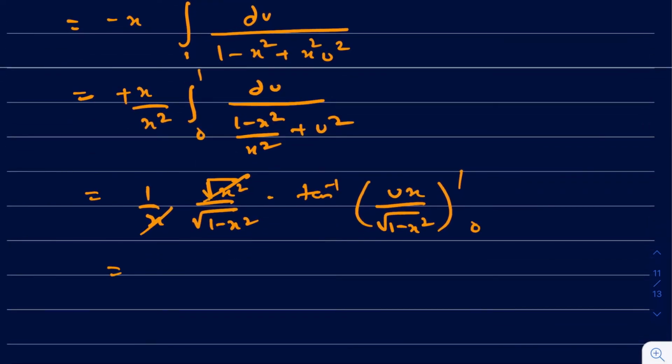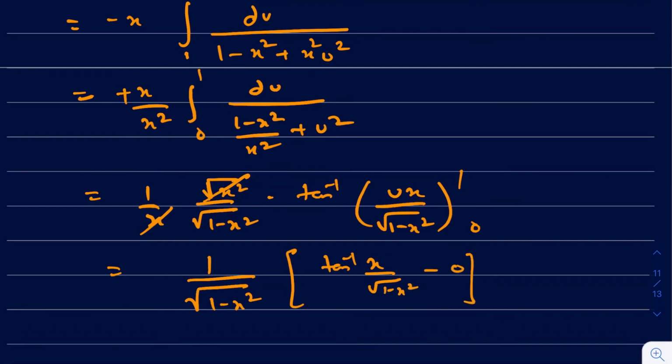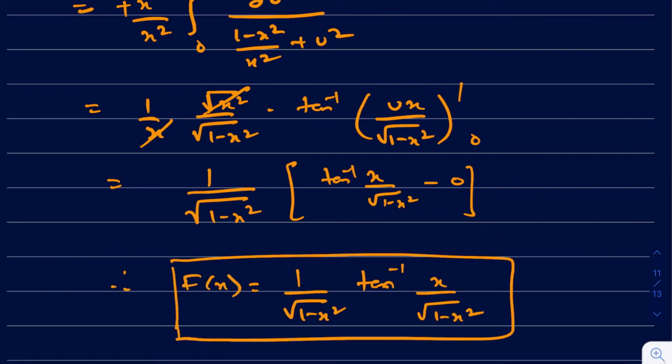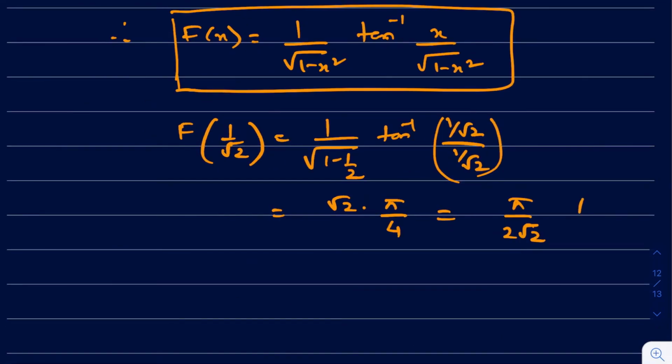So this and this will get cancelled out, and we will get tan inverse. In place of u, I am going to substitute 1. Tan inverse 0 is 0. Therefore, this is our function f(x). That's it, our work is done. So this is the final answer.